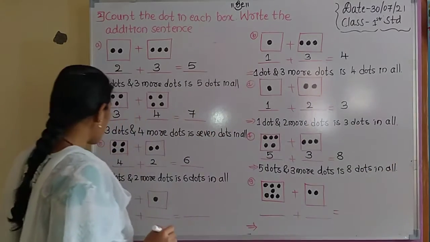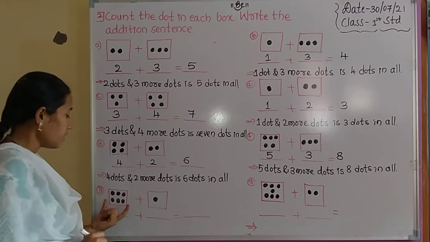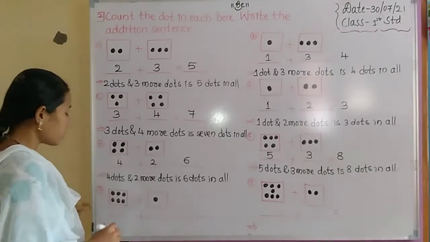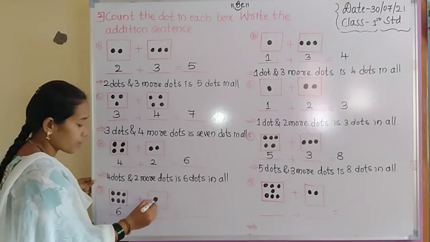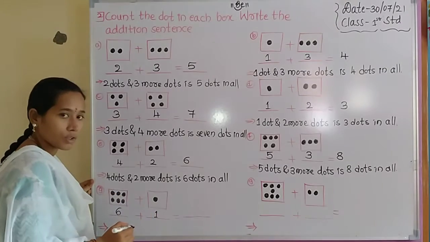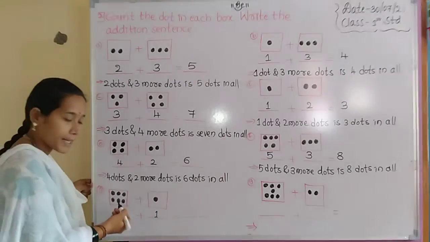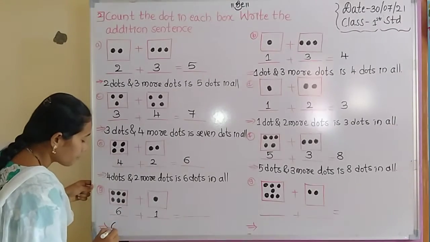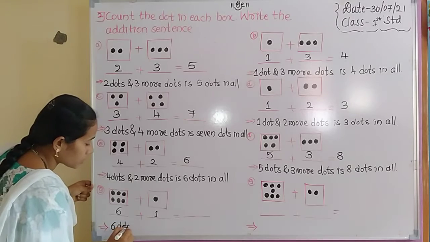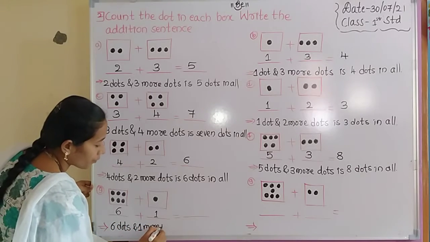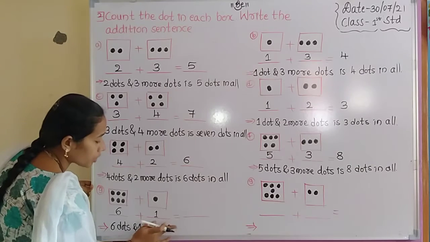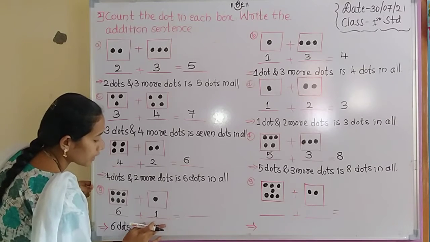Okay, the next one. The first box contains how many dots? See, 1, 2, 3, 4, 5, 6. Then the second one contains only 1. So first we write the representation of the first addend, that is 6 dots, and one more dot is there. We add one more dot to the 6 dots.